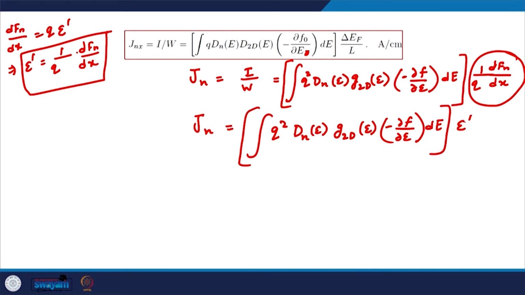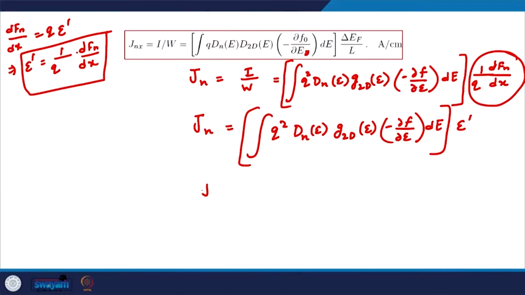And if you recall from the classical description of a bulk conductor, the current density in the bulk conductor is given as Jn equals sigma times electric field, where this sigma is an important quantity in bulk conductors. This is known as the conductivity of the material.